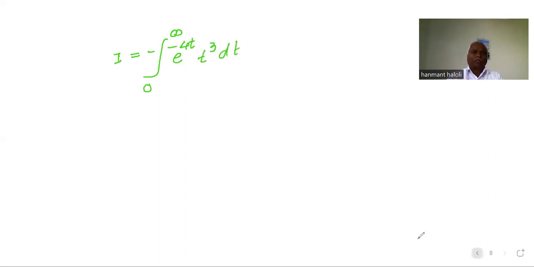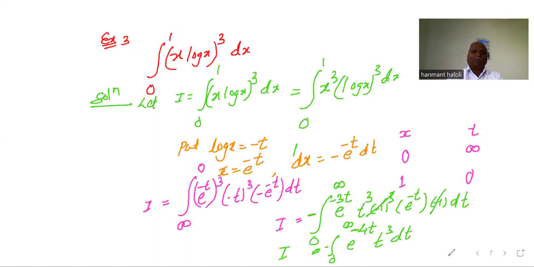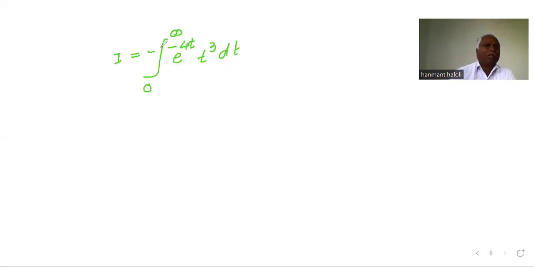Now this is not in standard form, so you can change it by putting one more parameter: 4t equal to u, which means t equals u upon 4.